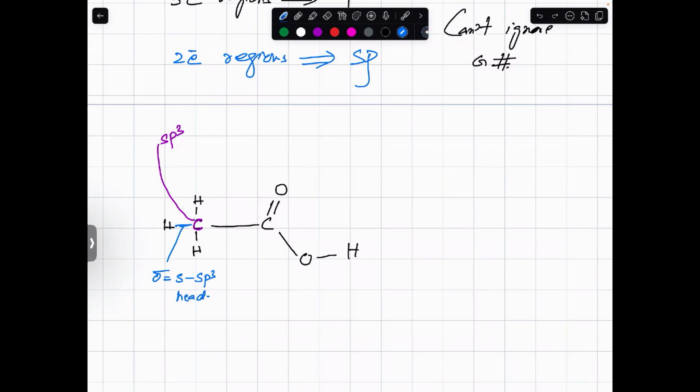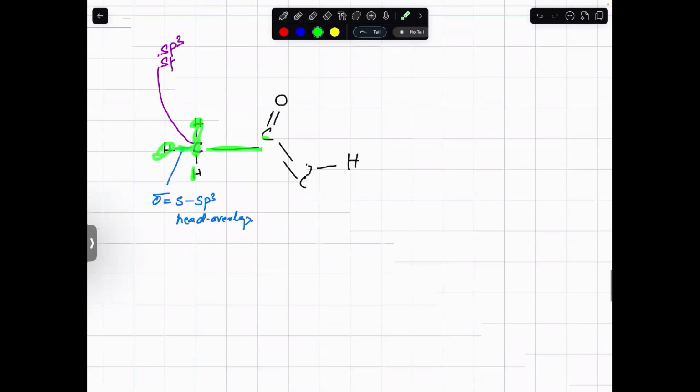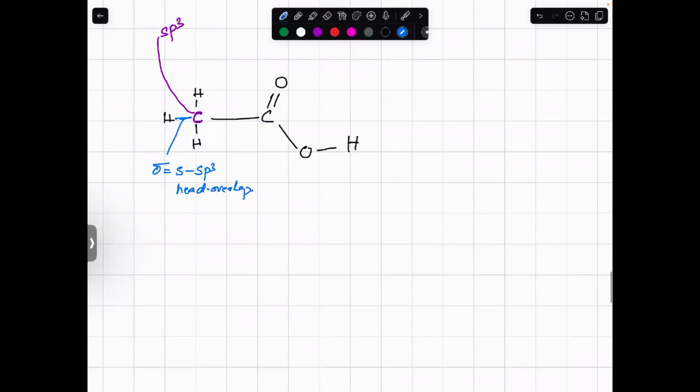So this sigma is sp3, sp3. What about this? But wait, let me draw a parallel to this. The carbon has one sp3, another sp3, another sp3, another sp3.